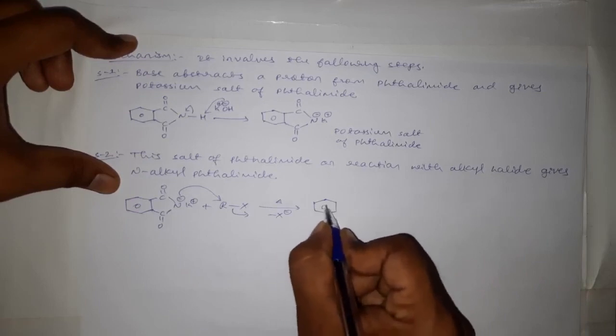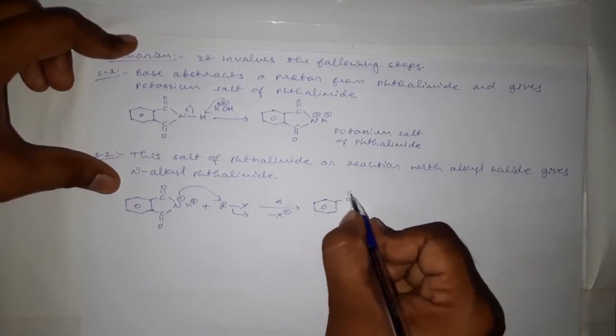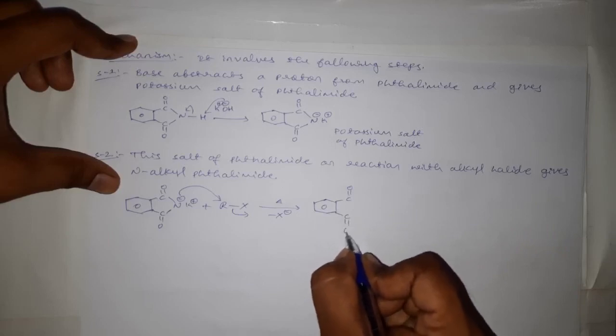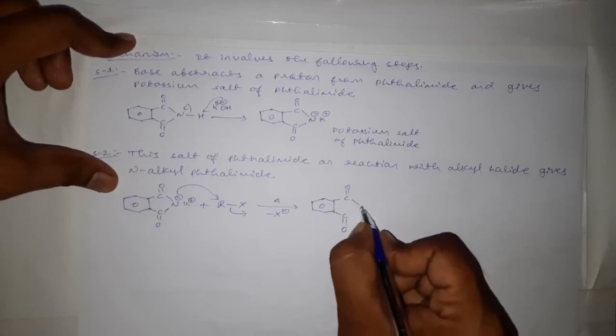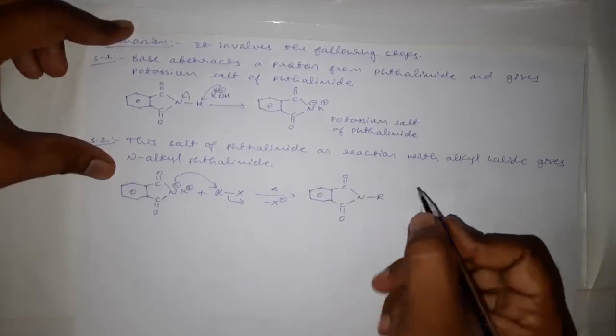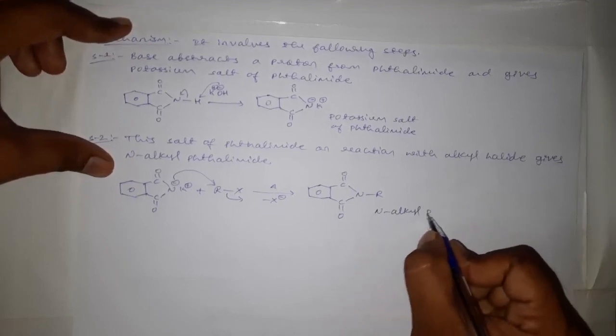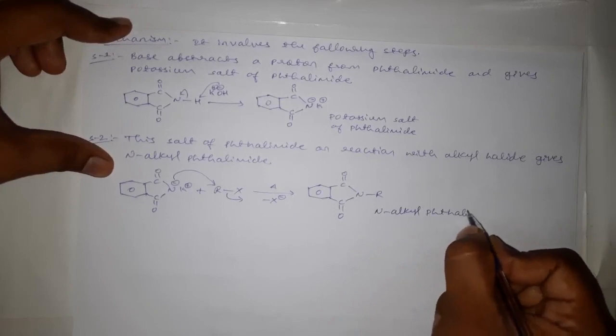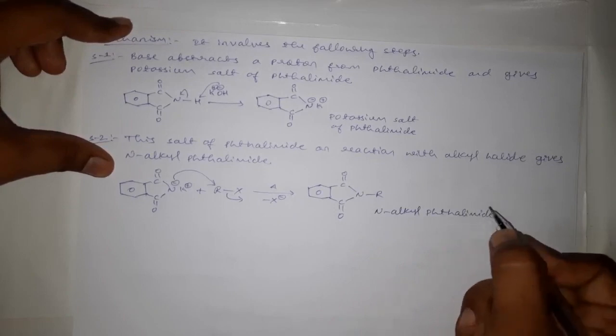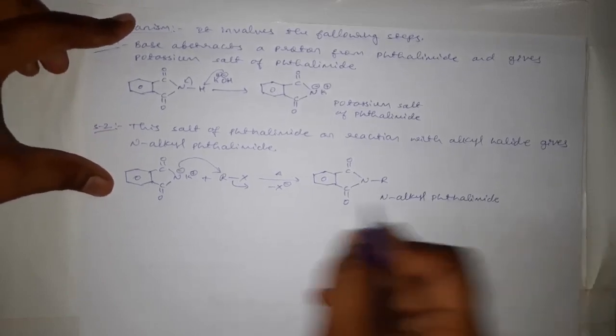C double bond O, C double bond O, N R. This is what? N-alkyl phthalimide.